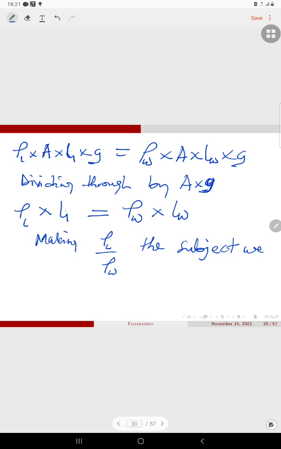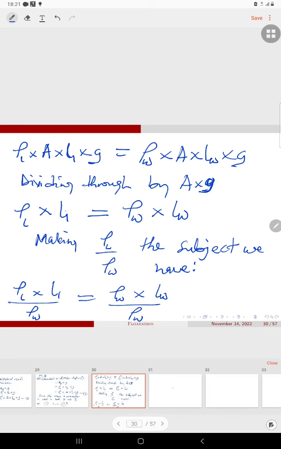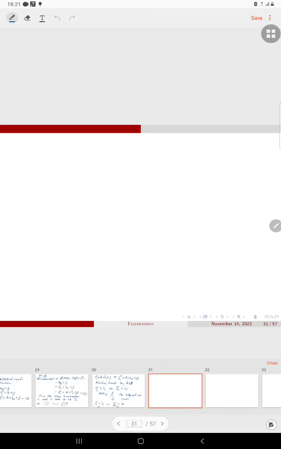So how do we find it? I'll first divide through by rho W, so the rho W's will divide and go.